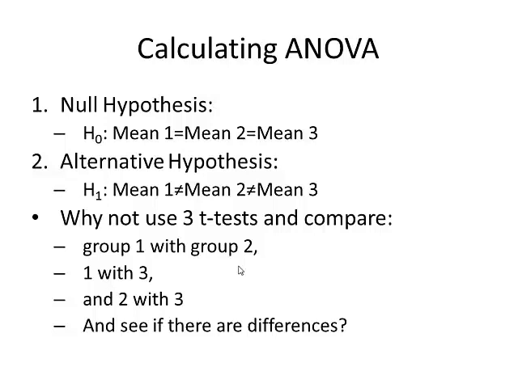So let's go back to that question of why we don't just use t-tests when we have 3 groups. We could compare group 1 with group 2, group 1 with group 3, and then group 2 with group 3. So we could do 3 t-tests and see if there were significant differences between them.